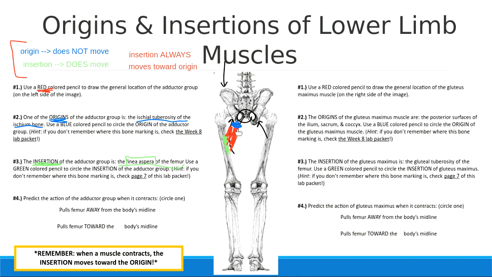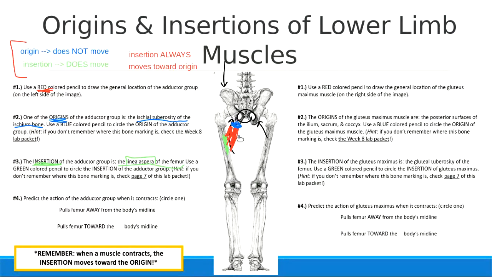When I'm looking at this muscle, my insertion is out here on the femur. My origin is here on the hip bone. My insertion moves toward my origin. I'm going to pull the femur, this attachment site over here, toward the hip bones, toward the ischium over here, because that's where my origin is at.